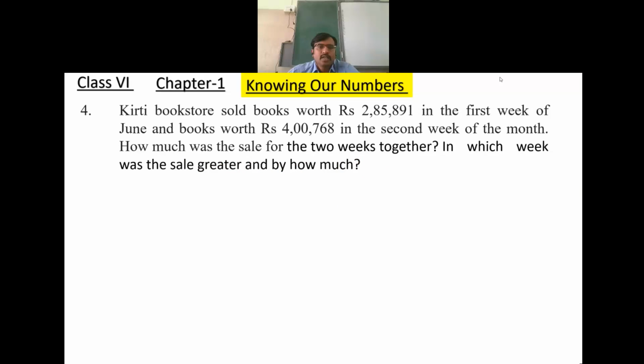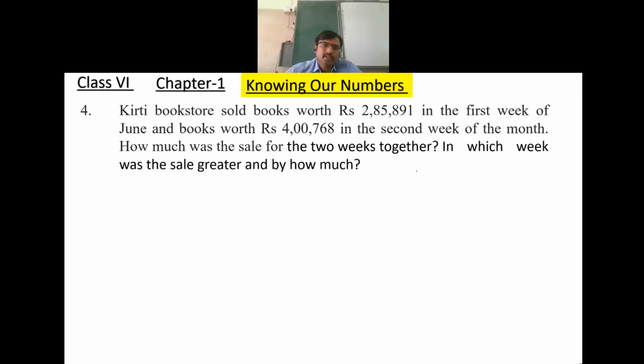Now, fourth question. Kirti bookstore sold books worth rupees 2,85,891 in the first week of June and books worth 4,768 in the second week of the month. How much was the sale for first 2 weeks together?